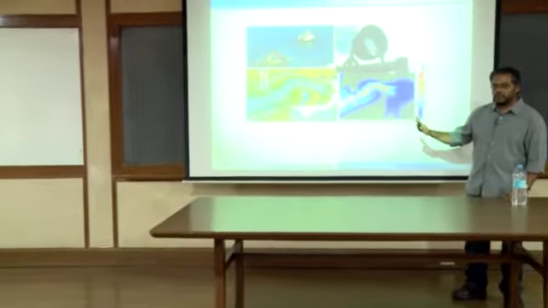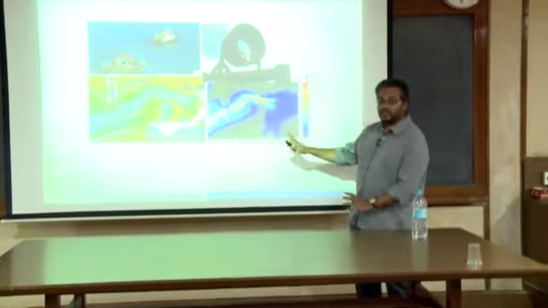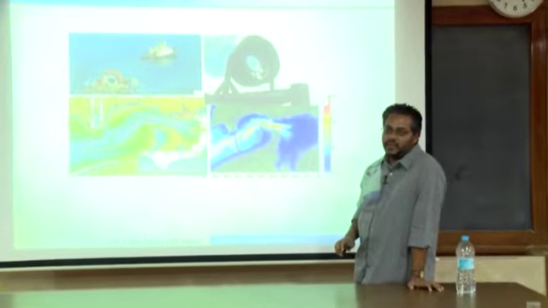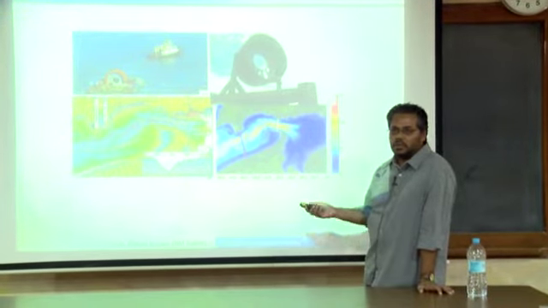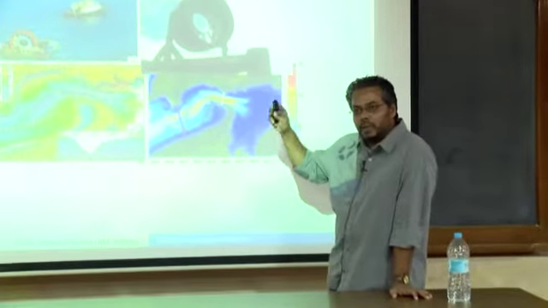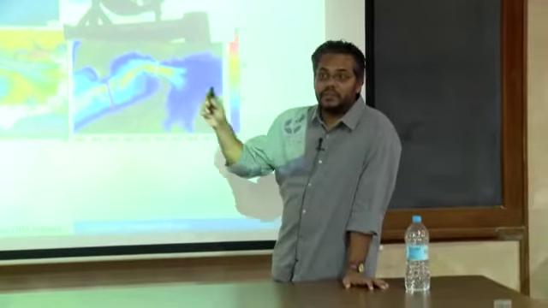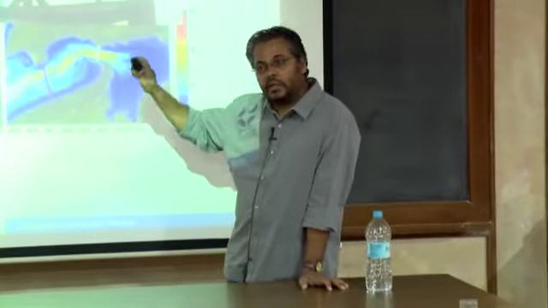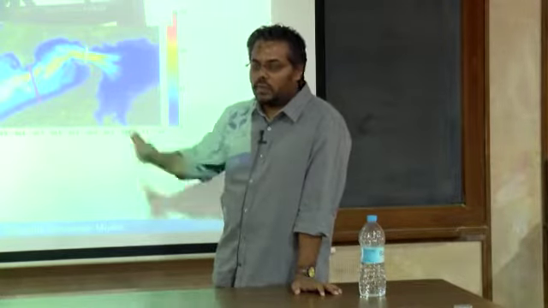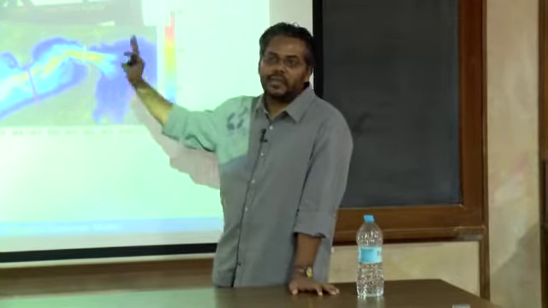They are built by the subject area experts. This computer model is called FVCOM, Finite Volume Community Ocean Model, and it was built by the oceanographers and the physicists. They sat together with some mathematicians and computer scientist coders and came up with this model. So we don't have any say in that model.